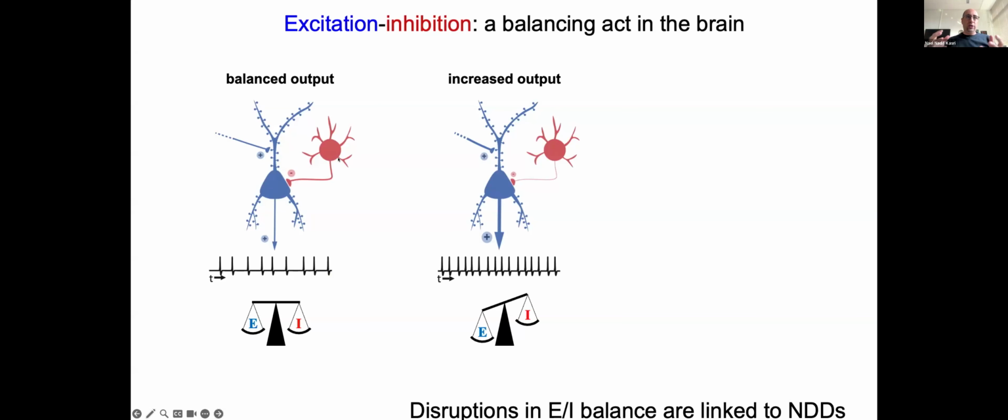And basically those two cells keep each other in balance, so that there is a certain amount of output generated by the blue cell, the excitatory cell, that will here show some type of activity.